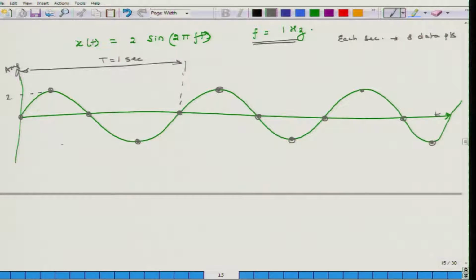So, let us count. It is finding data points after equal intervals of time. So, these are the data points.